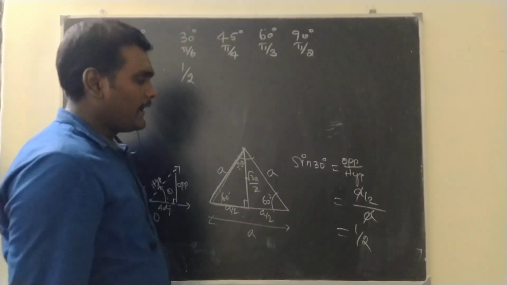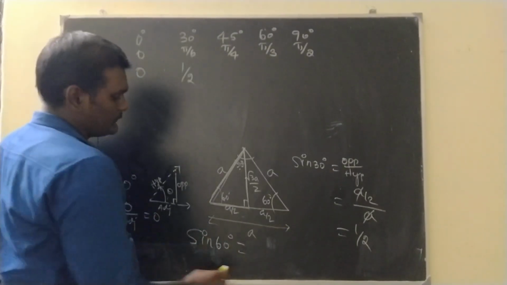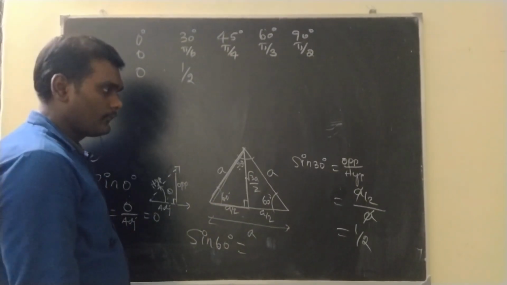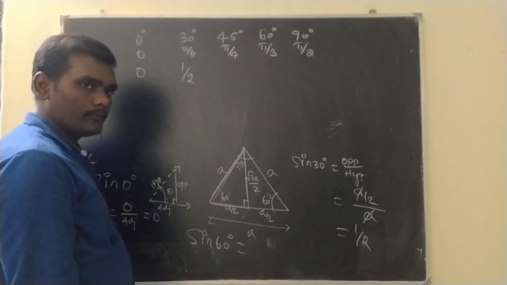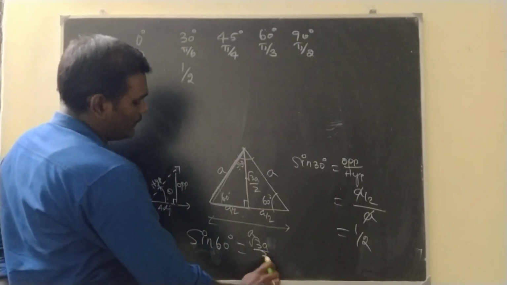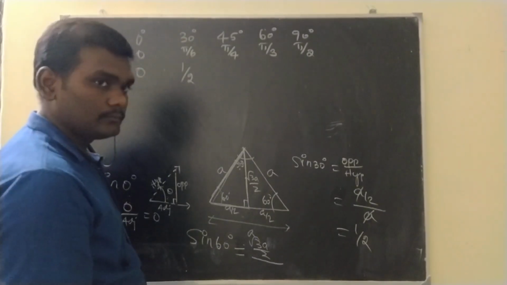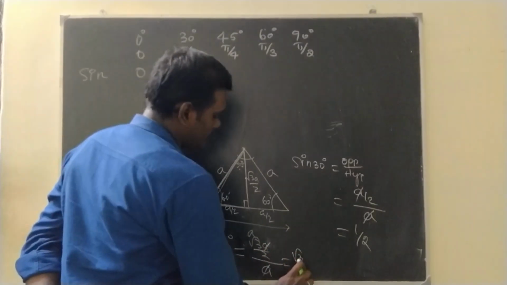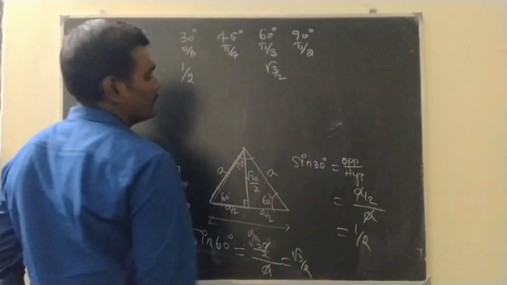Now sine 60 degree: the length of the opposite side of 60 degree is root 3 a by 2, divided by hypotenuse a. These two get cancelled. That is sine 60 degree.